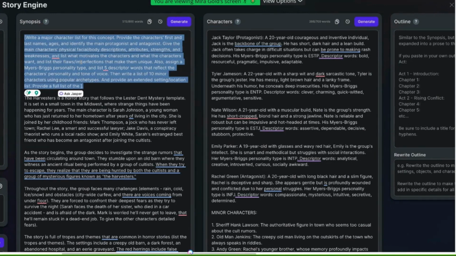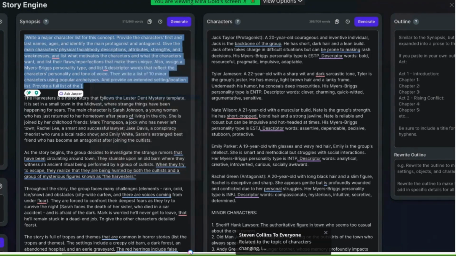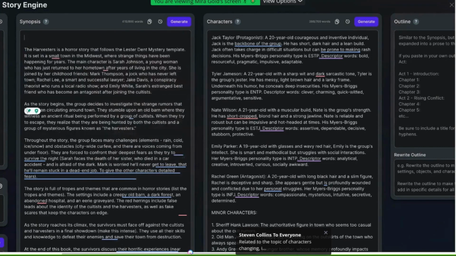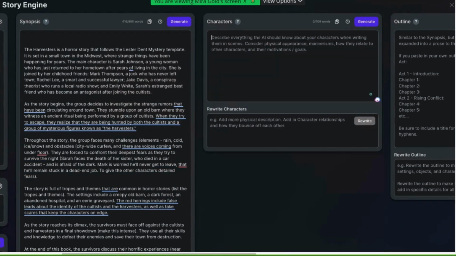That prompt gave me the information you see inside the character list. I am going to remove it for the first generation, and I'm also going to remove this content. I want y'all to take a look at what it does.